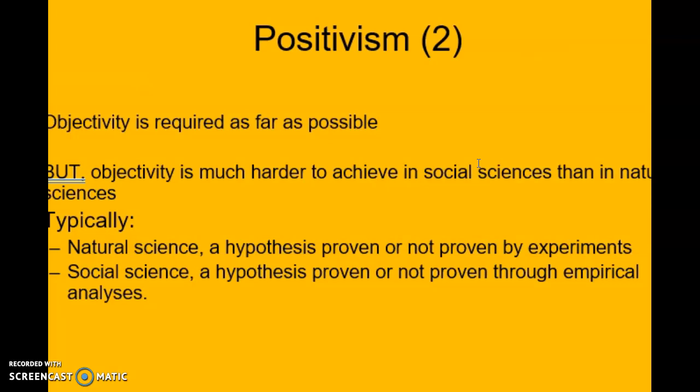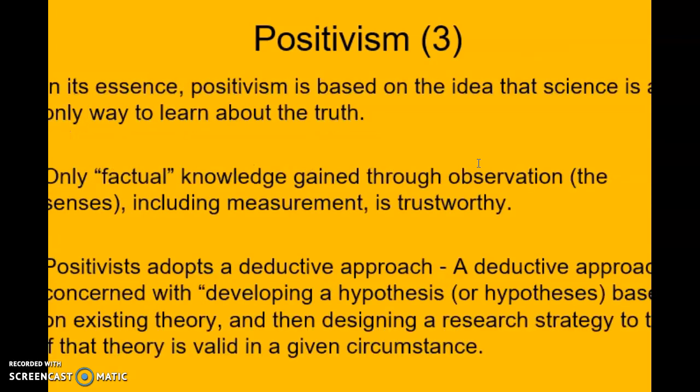So what we could have at the end of the day is some type of empirical information, which is data that we collect through our senses or through observations or through questions that we ask people to verify. And so, although there is some bit of objectivity, it's not as much compared to the physical sciences.